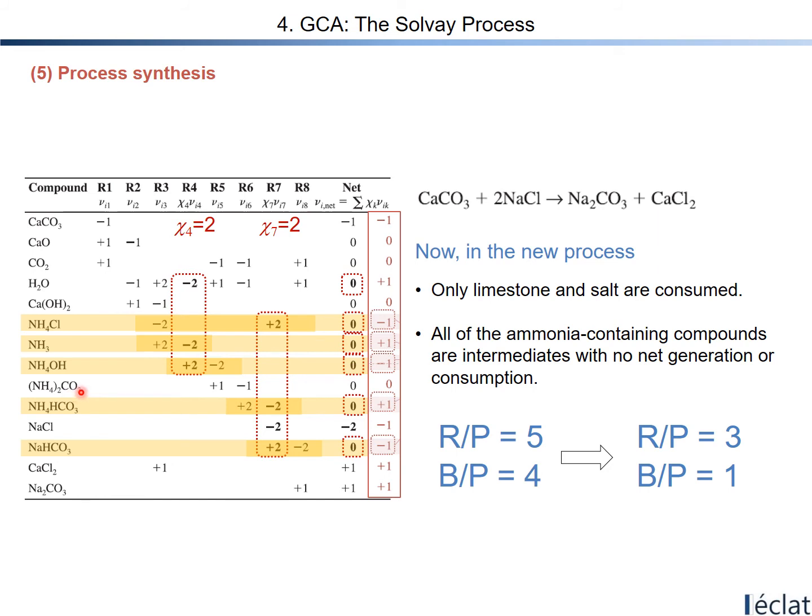Ammonium carbonate, originally it was 0, and also this compound was not affected by reaction 4 and reaction 7. So, anyway, 0. Ammonium bicarbonate, original value +2, and then adjusted value -2 by applying the factor 2 of chi 7. Then it's going to 0.